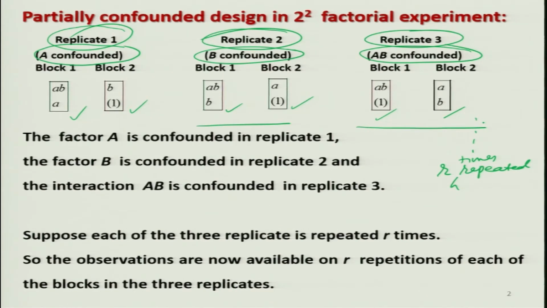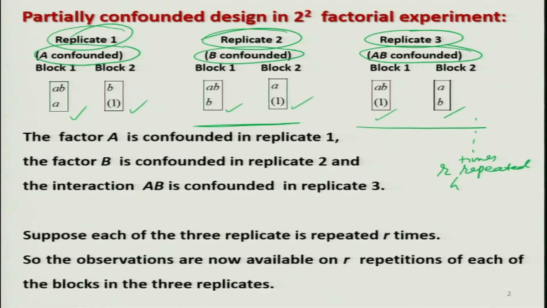So, A can be estimated from replicates 2 and 3, and similarly the factor B can be estimated from replicates 1 and 3, because it is confounded only in replicate number 2. Similarly the interaction effect AB is confounded in replicate number 3, so it can be estimated from replicates 1 and 2.